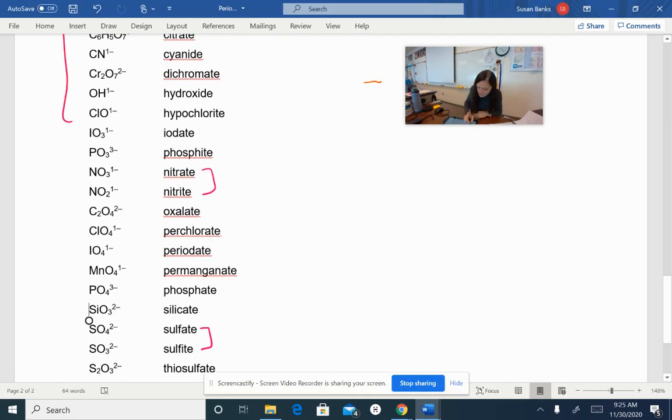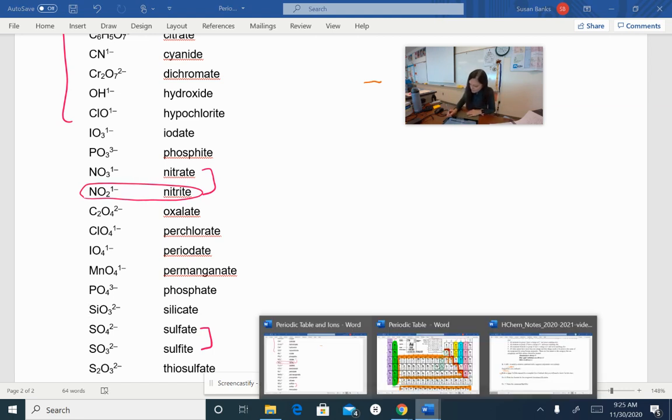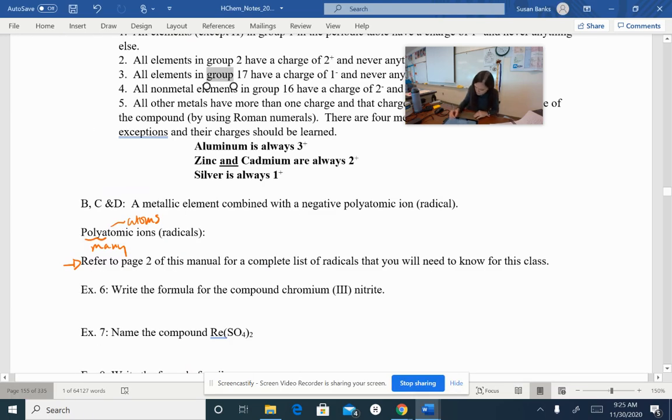Nitrite is right here: NO2 negative 1. Now this front part, we've got chromium 3. That 3 tells me that the chromium is charged positive 3. So I know that I've got chromium with a positive 3.